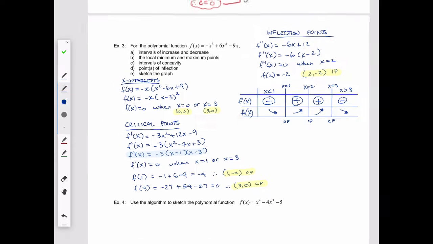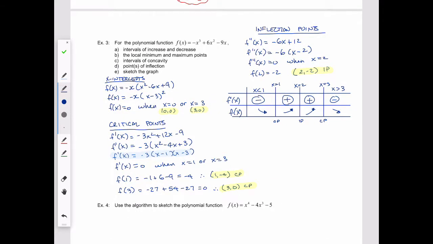So, you know what? I can actually draw the sketch already. Where should I draw it? I'm going to draw it right here in the middle. Okay, and I'm going to do it like this. And I know we have x-intercepts right there and here, so that's going to be my 0, 0. That's going to be my 3 and 0.